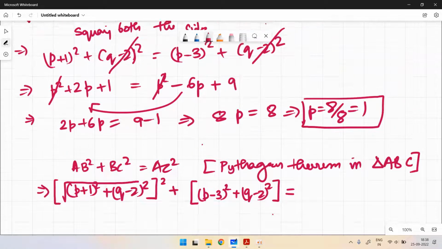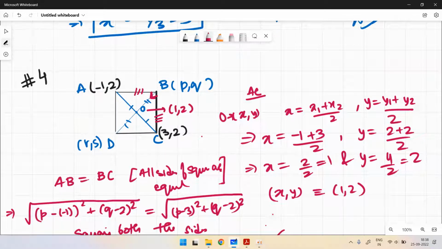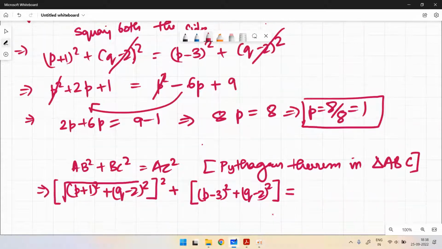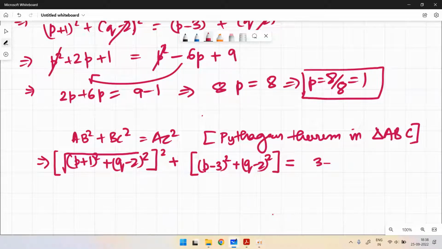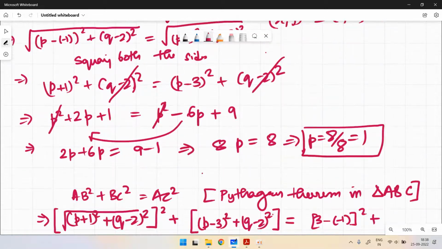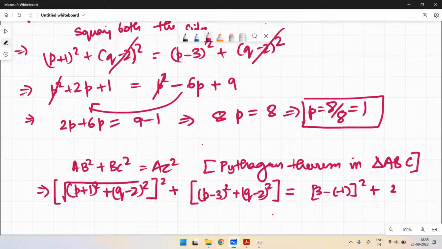AC, now AC you need to calculate directly by the formula. It is the square root of (3 minus of minus 1) square plus (2 minus 2) square, whole square.